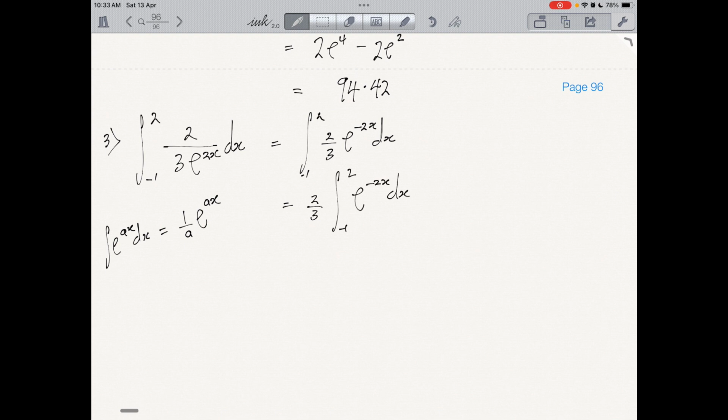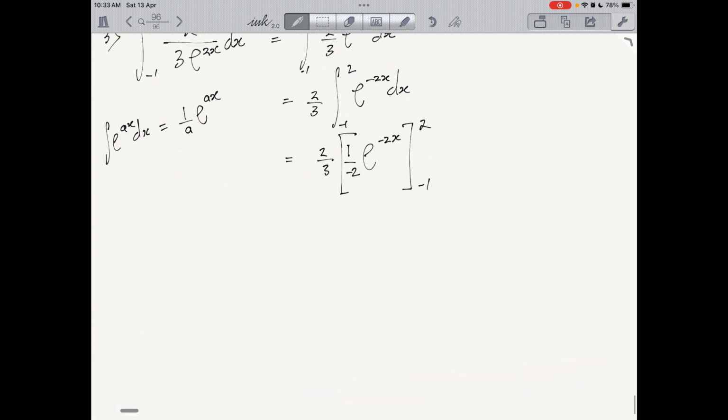And integrating this, we will have 1 over minus 2, because a is minus 2, exponential minus 2x, from our limit of minus 1 to 2. Now let's multiply out. Therefore, this will give us minus 1 over 3 exponential minus 2x from limits of minus 1 to 2.